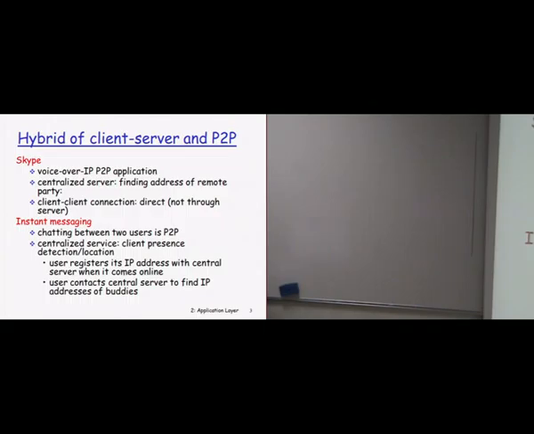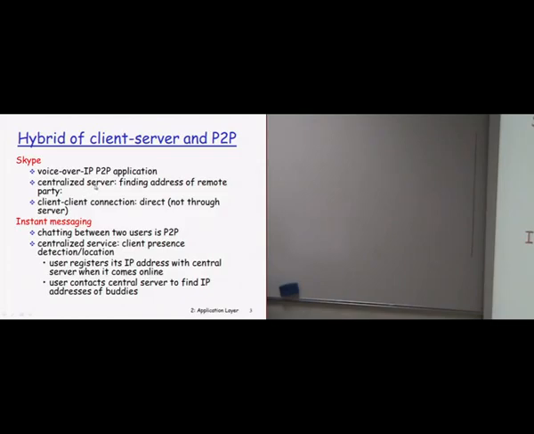So voice over IP is a point-to-point application. A centralized server is there in Skype in order to find the addresses of the remote parties, and to provide you authentication when you log on to the Skype server. Client-server connection; client-to-client connection is direct.